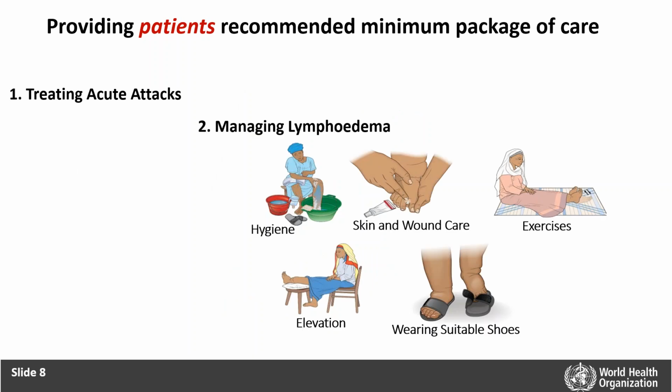The minimum package also includes management of lymphedema. And a health facility must be able to teach a patient how to manage the lymphedema, take care of the skin through hygiene, skin and wound care, to perform exercises, elevation, and wearing suitable shoes.